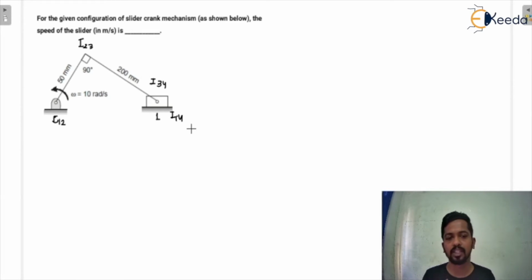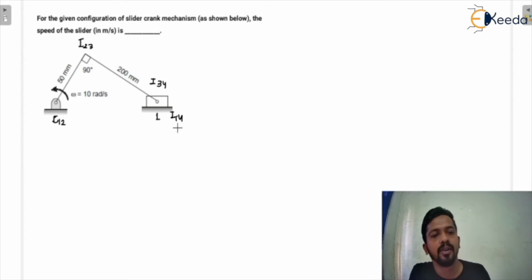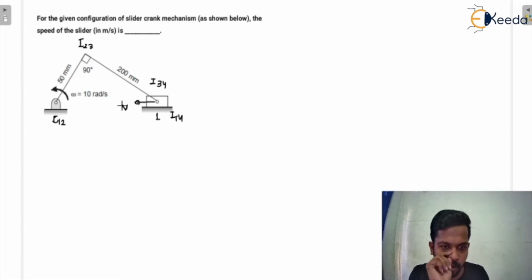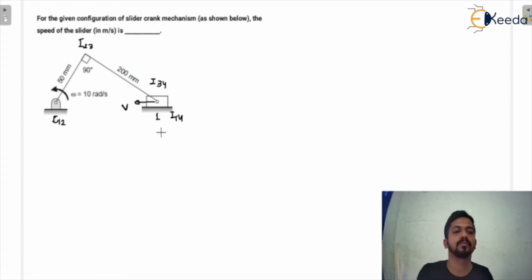Out of 6 we have mentioned 4. Now we have to calculate the speed of the slider. If it is rotating in the anti-clockwise direction, the speed of the slider will be in that direction. I'm going to mention it as v.